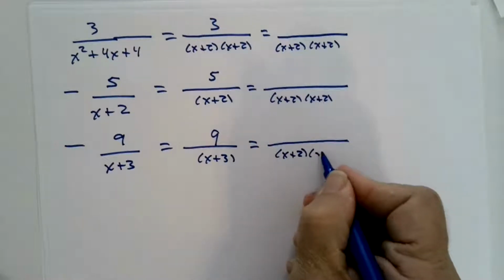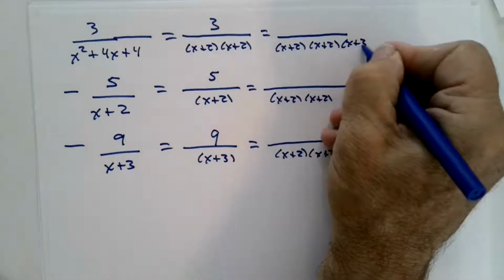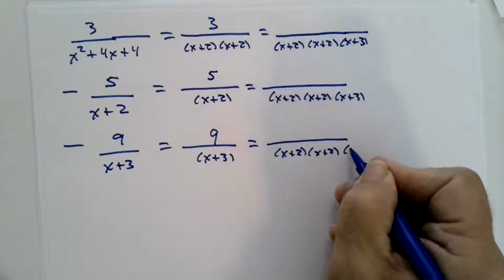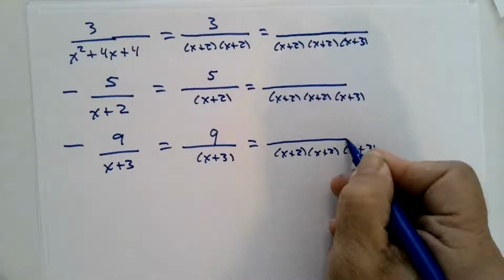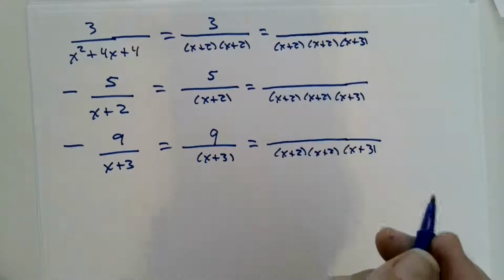What are the most x plus 3's I see in any one place? Just 1. So my common denominator will be x plus 2, x plus 2, x plus 3.